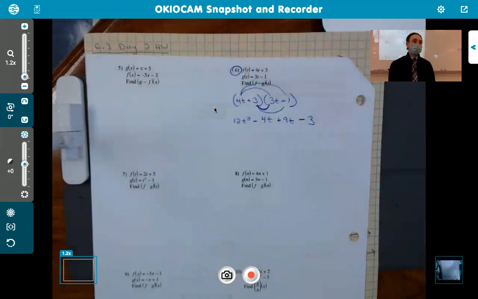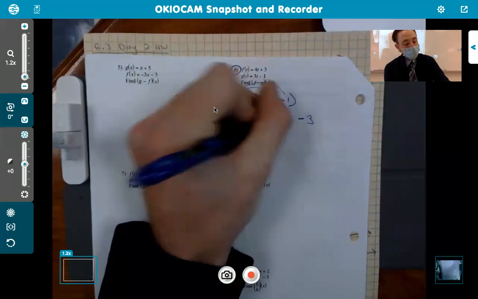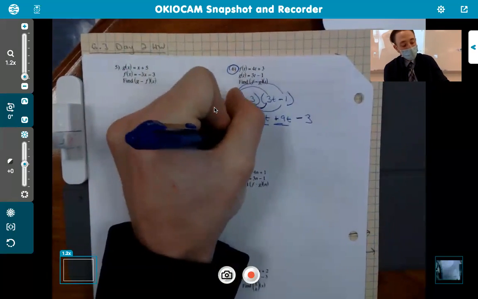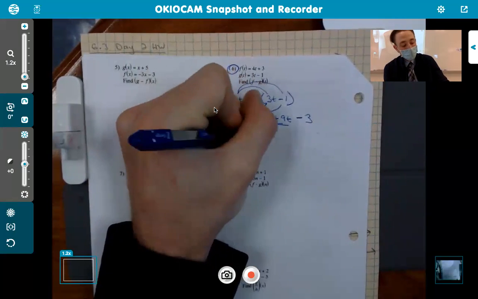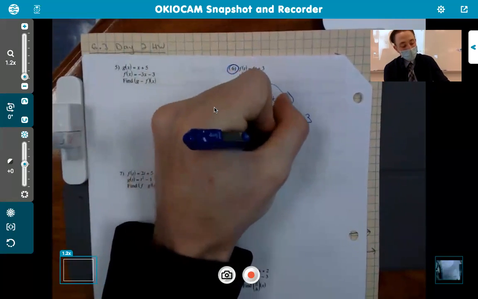So I FOIL. Then I go through and combine like terms. Well, what can I combine here to simplify this expression? Right, the -4t and the 9t. So I'll have 12t squared plus 5t minus 3.